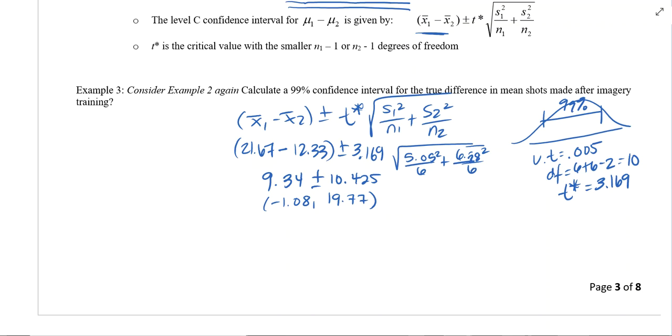So why did we not get the same answer to part A? Part A we rejected. This part we're finding that 0 is in the confidence interval, which is saying there's not that much of a difference. What is the difference in these problems? The first one, the one above, was at alpha level 0.05. Whereas here, we're doing a 99% confidence interval, which would correspond with an alpha of 0.01.